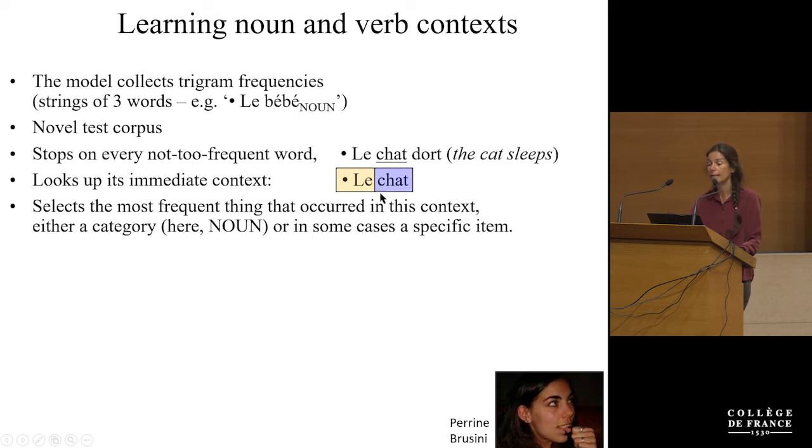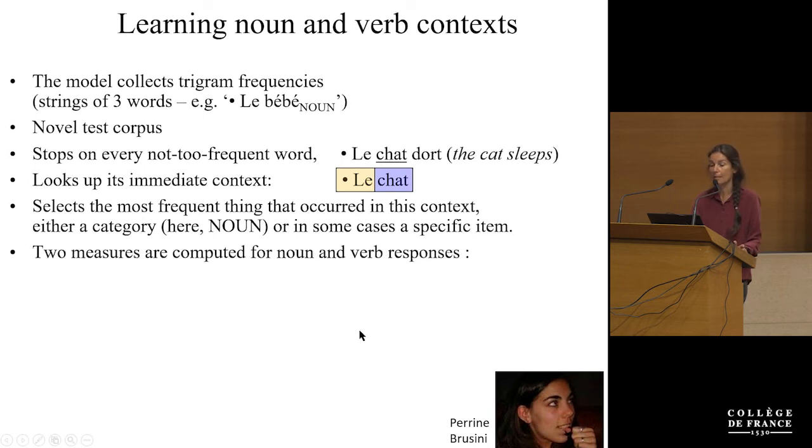So let's say that in this context, it heard most often things that belong to its noun category, things like bottle and baby. Then it will say noun. But if in that particular place it heard mostly book, and book doesn't belong to the words it's supposed to know, then the model will say, oh, I think this is book, okay? And we will count it as a mistake.